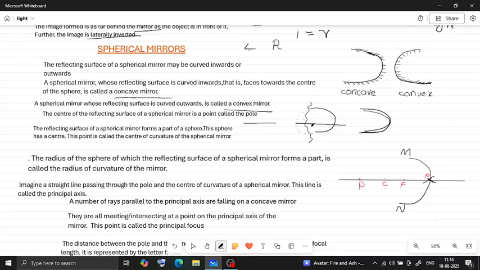The reflective surface is part of a sphere, and the sphere has a center.